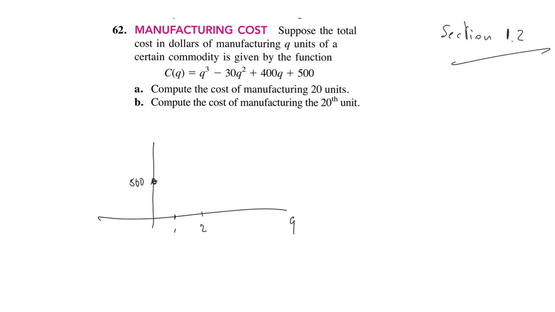As Q progresses, as Q is 1, 2, 3, 4, the function will do something like this because it's a cubic function. It may go to a negative cost, but I don't think that it will. It will go up, the cost will go up.